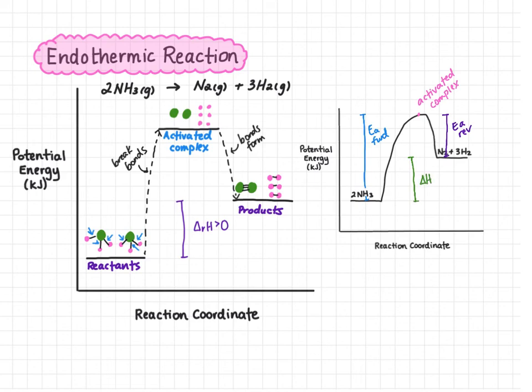So once again, the activation energy of the forward reaction minus the activation energy of the reverse reaction equals our enthalpy of reaction. And so we can see in our endothermic reaction, we have this uphill climb to go from reactants to products. And so our products have more potential energy than our reactants.